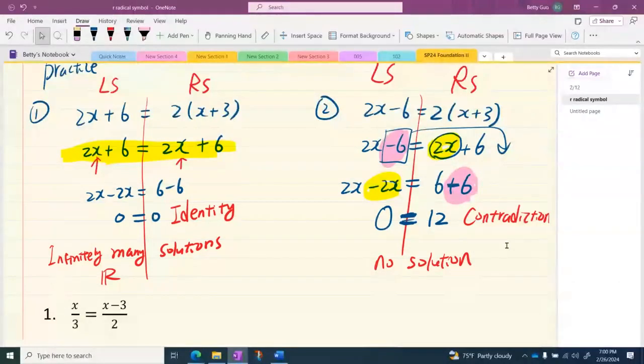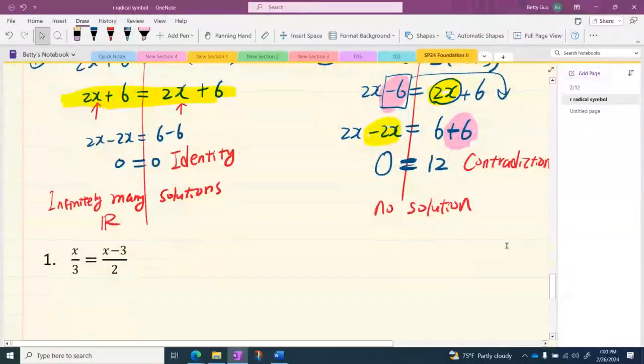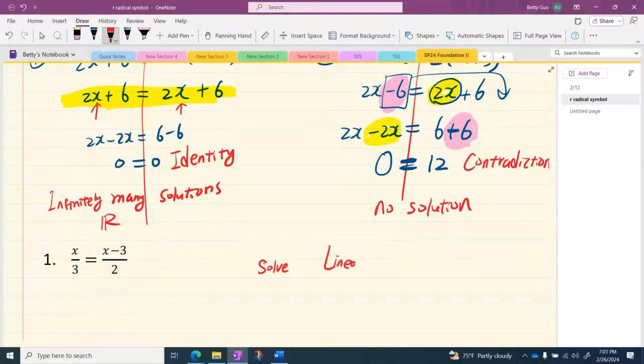Let me summarize. We are learning at this point, we are learning solving what? Linear equations in one variable. And you know what?